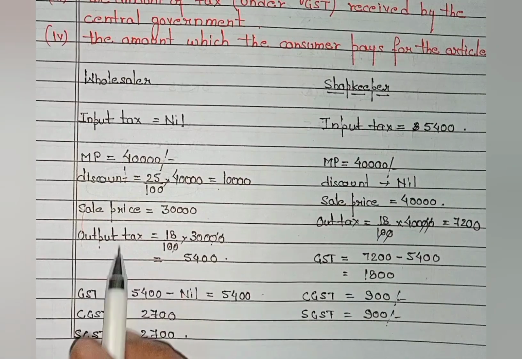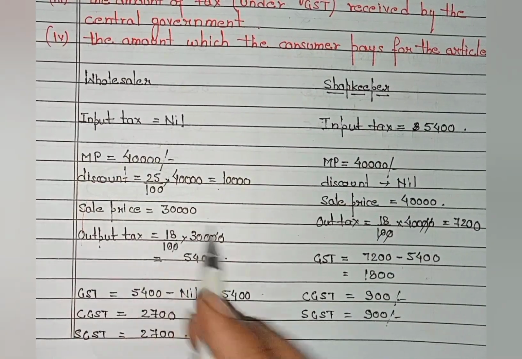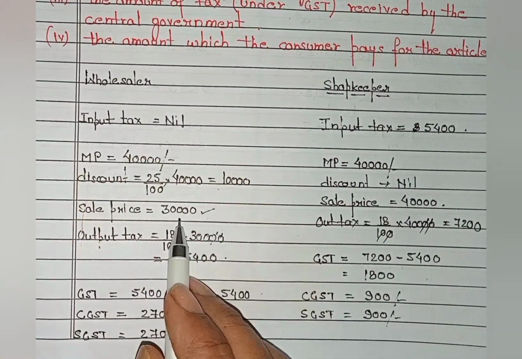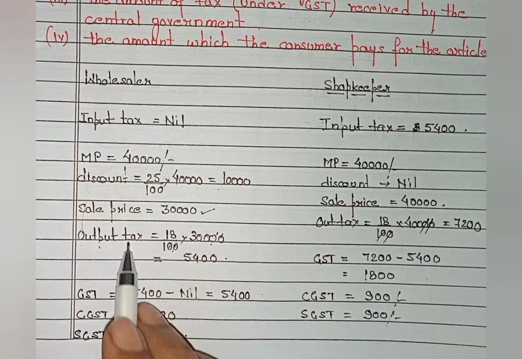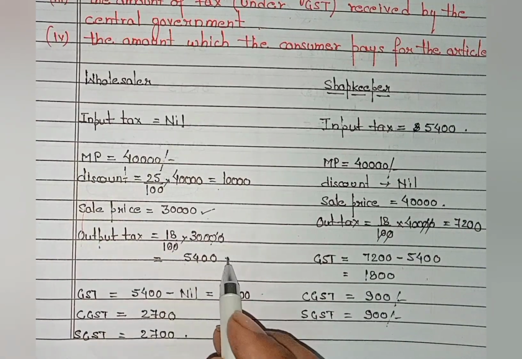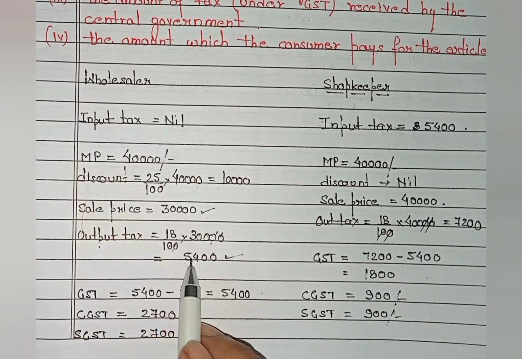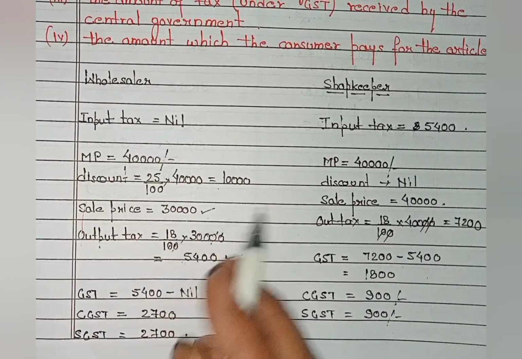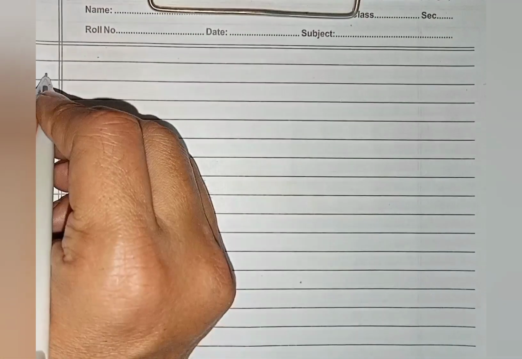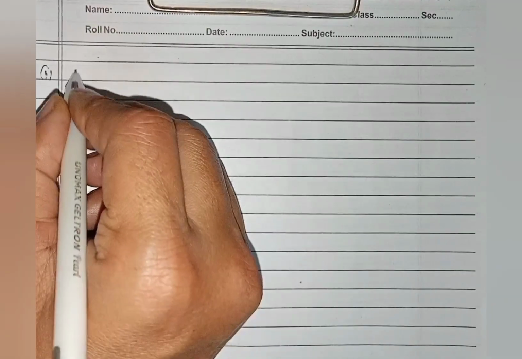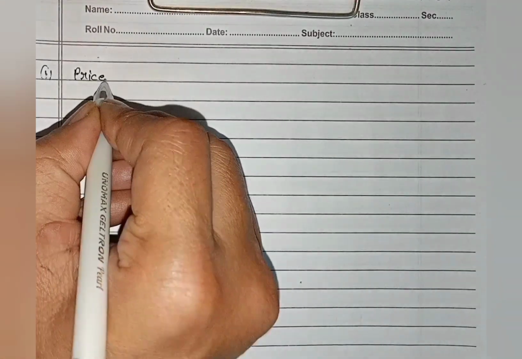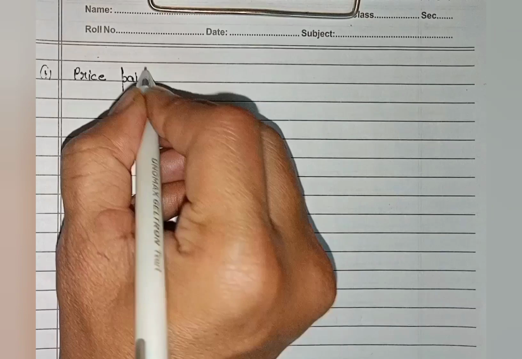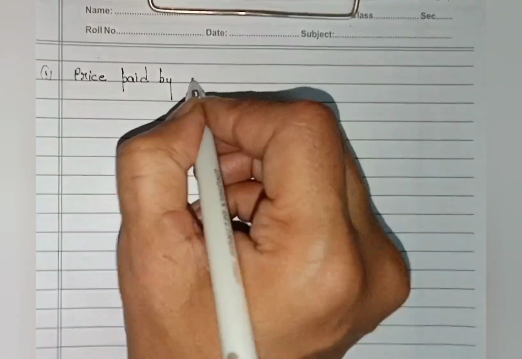So whatever is the sale price for the wholesaler plus the tax output, these two prices will be paid by the shopkeeper to purchase the article. So in the first part we have to find the price paid by the shopkeeper.